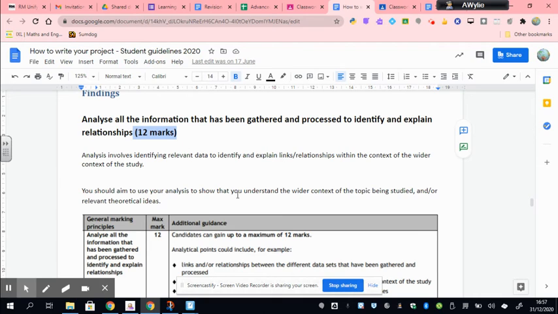So what is analysis at Advanced Higher? It's a bit different from Higher. Analysis at Higher was where you talked about your results and you would have described your results. You would have talked about a pattern. In this case, at Higher, you'll have done an investigation on a river. So let's just say you'll have discussed the pattern of changing discharge down the river, and you will have identified a number of key locations where the discharge did something you didn't expect it to do.